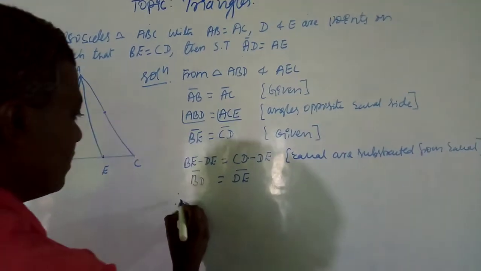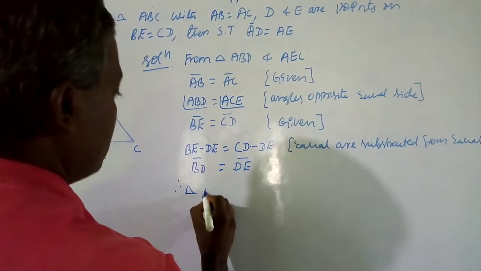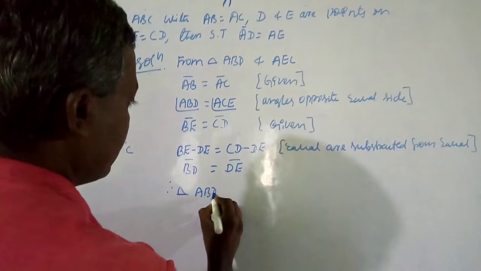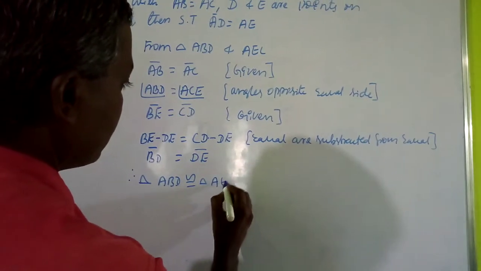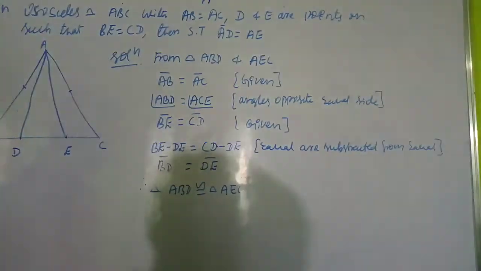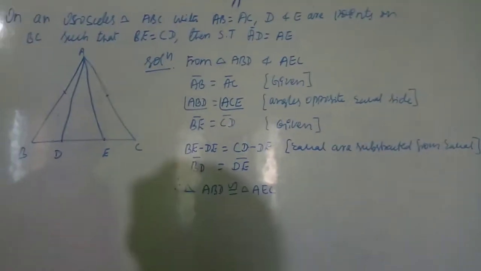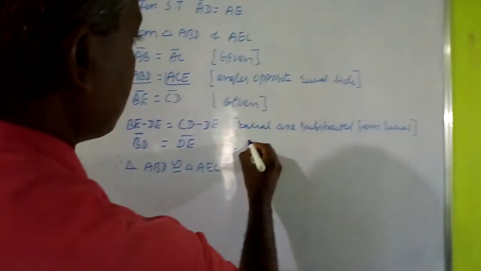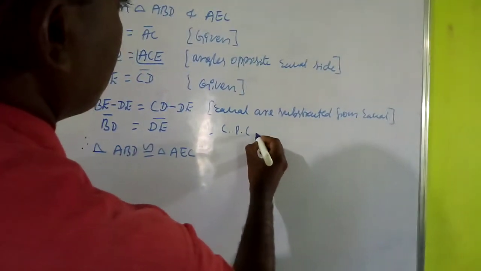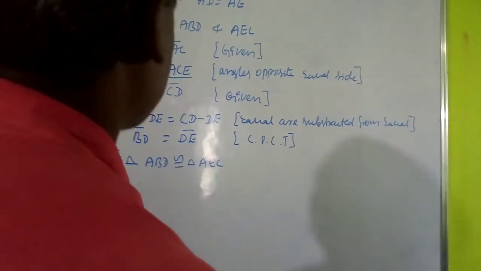So due to that, triangle ABD is congruent to triangle AEC. Correct, students? So due to that, BD equals CE, that is CPCT, we can also say, right? Corresponding parts of congruent triangles.